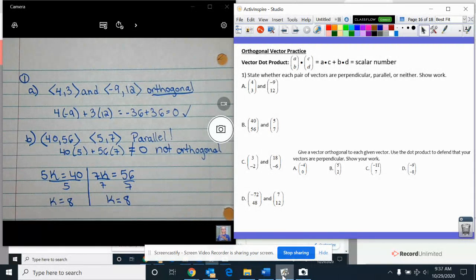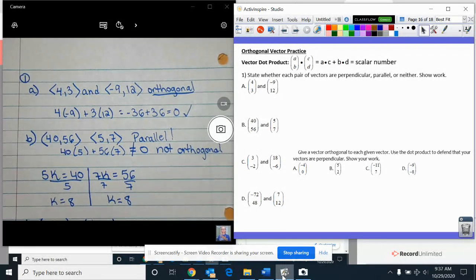Now in letter C, let's find their dot product. Notice we have 2 that are negative. So we have 3, -2, and then we have 18 and -6. Their dot product would be 3 times 18 plus -2 times -6, which is not 0, so not orthogonal.